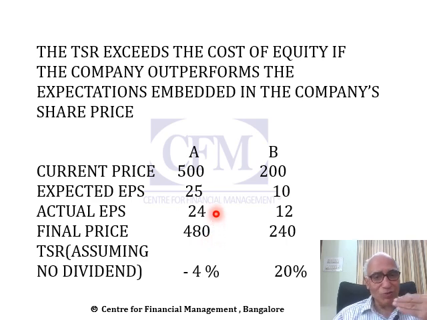Even though the actual EPS of A is much higher than the actual EPS of B, TSR for A is negative, TSR for B is hugely positive, because in the case of A, the company has underperformed the expectations baked in the stock price. In the case of B, the company has outperformed the expectation baked in the stock price.